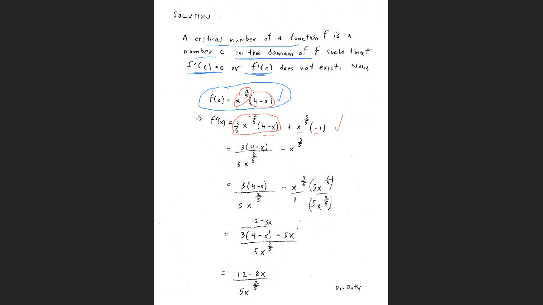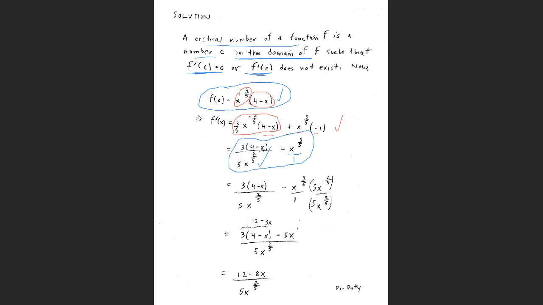So my derivative now is equal to the difference of these two expressions. But it's not in factored form. I have to get it in a more convenient form to identify the critical numbers. So since I have a fraction on the left here, I want a fraction on the right. Well, x to the 3/5 is x to the 3/5 over 1.